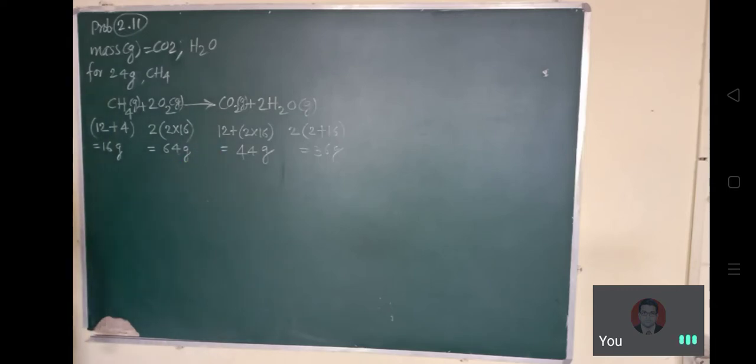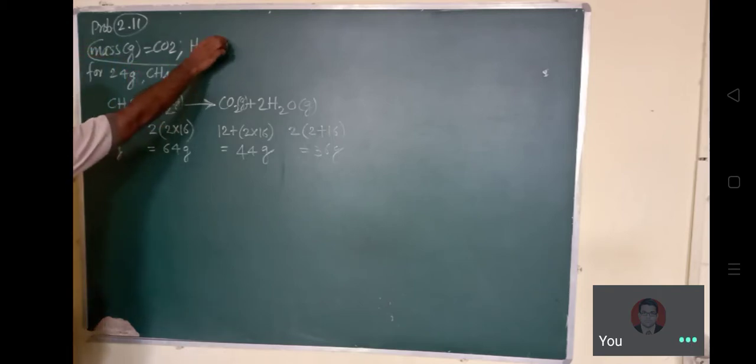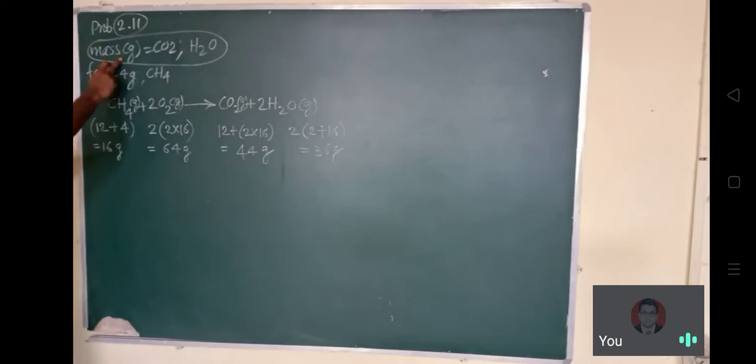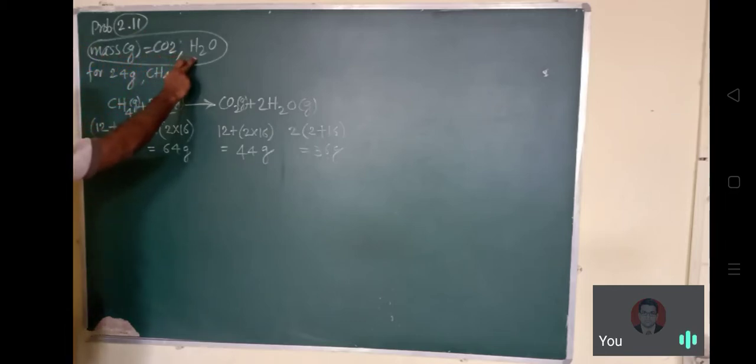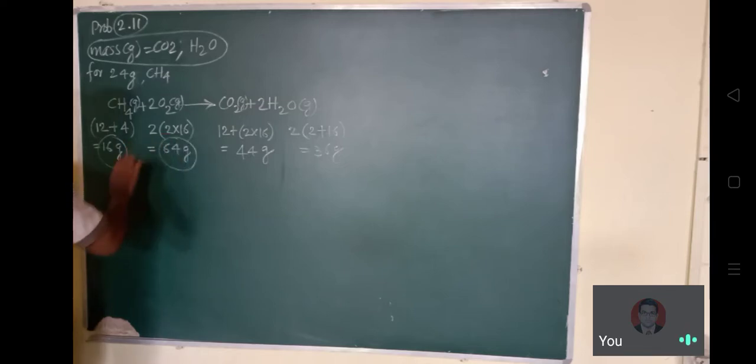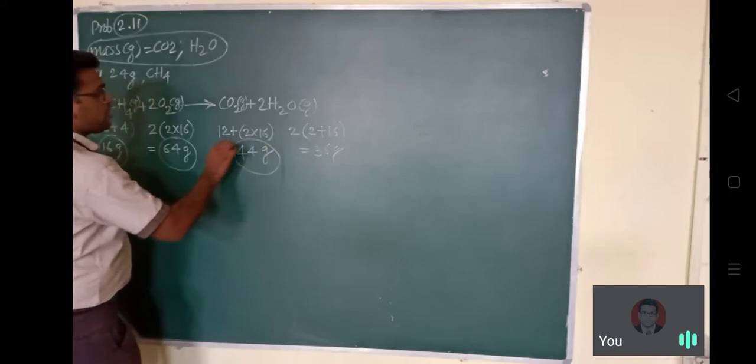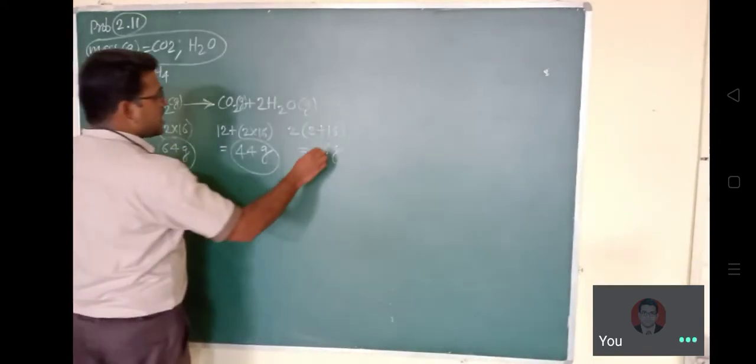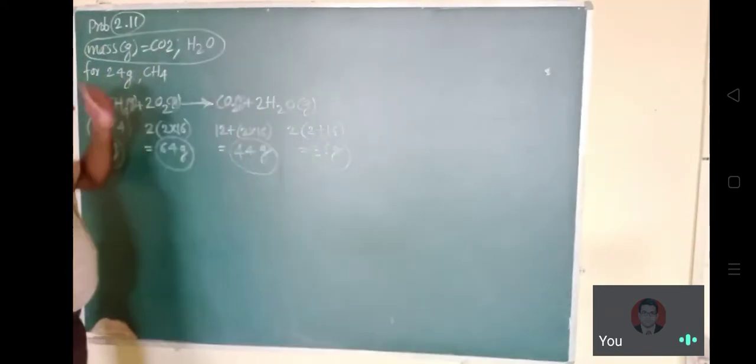But what is our aim? We have to find the mass in grams of carbon dioxide and water when 24 gram of methane reacts. Based on this data, we can conclude that 16 gram of methane reacting with 64 gram of oxygen gives rise to 44 gram of carbon dioxide and 36 gram of water.